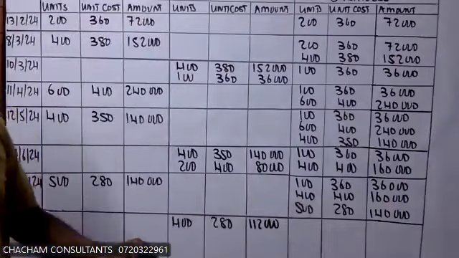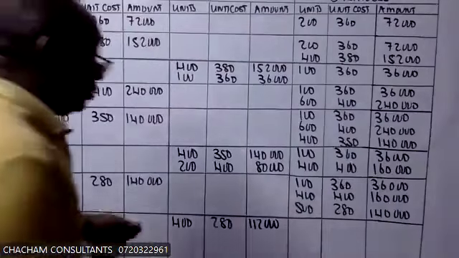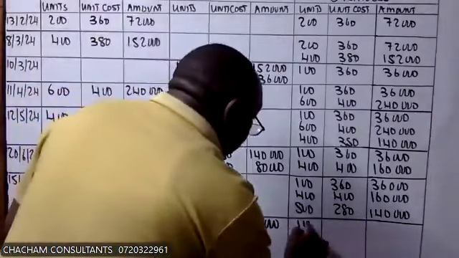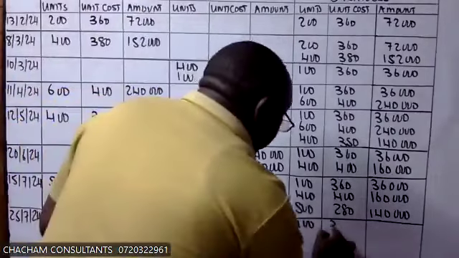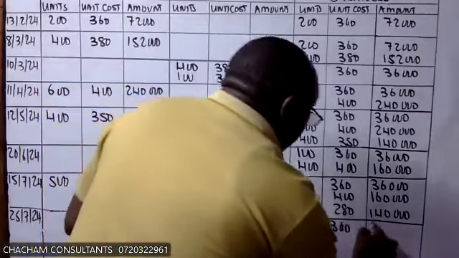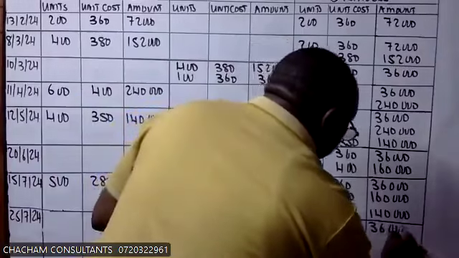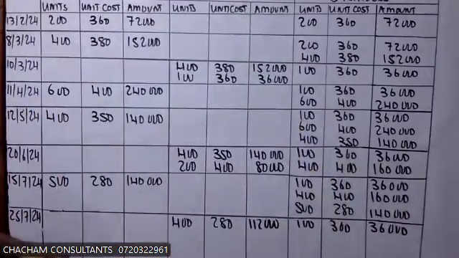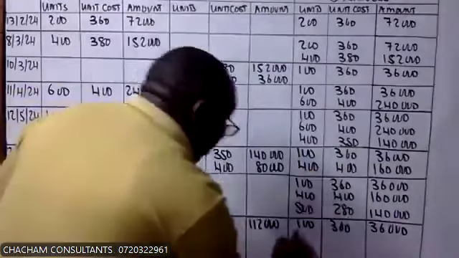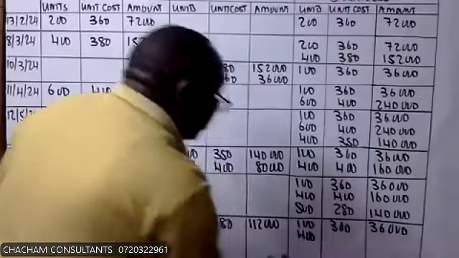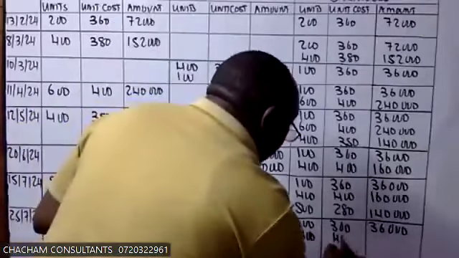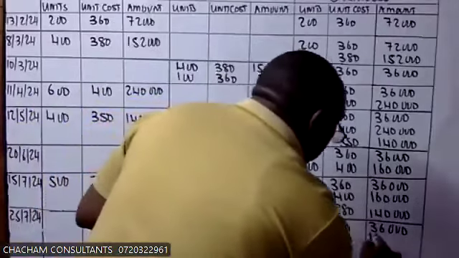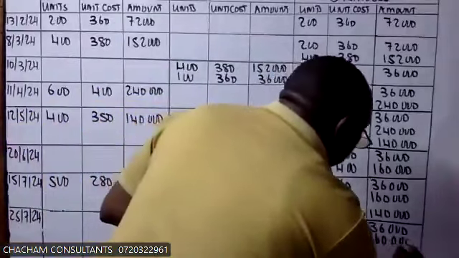So our closing stock or our stock now will be this 100 at 360. That is that 6,000. Then kuna hii 400 at 400, 160,000.